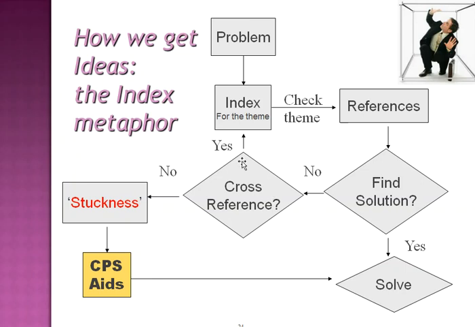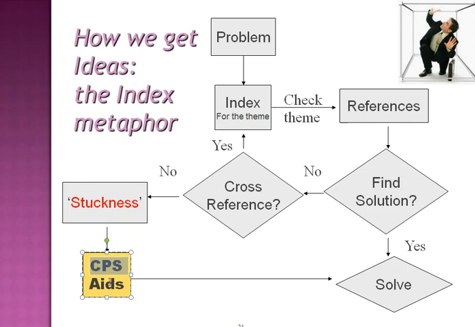Is there a solution? No, and then we may be circling, moving in this loop until some point that we don't have cross references at all. We are here stuck. Our mind doesn't have a solution. We don't have previous knowledge and we don't know anything. Here comes CPS aids.